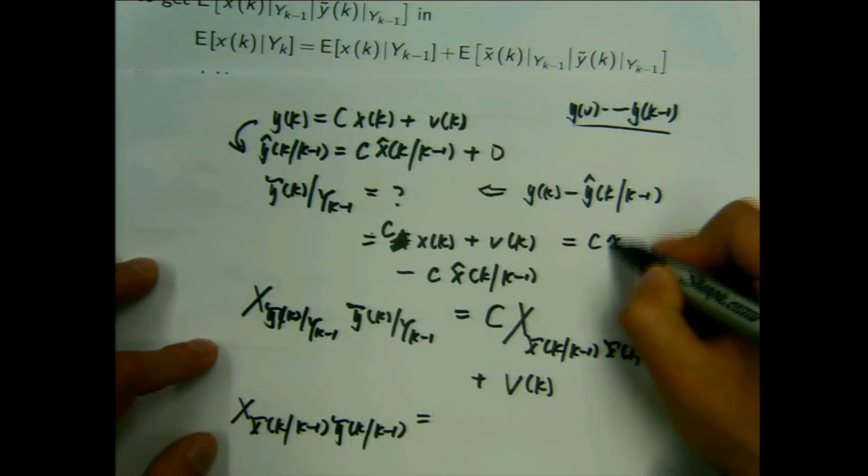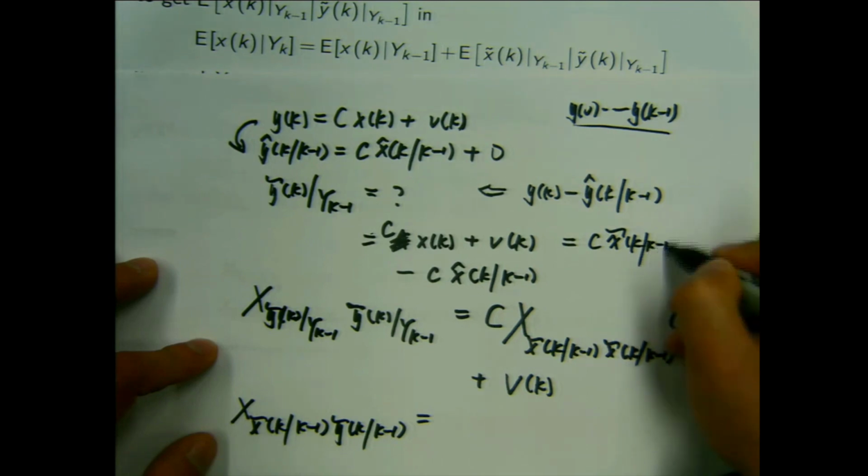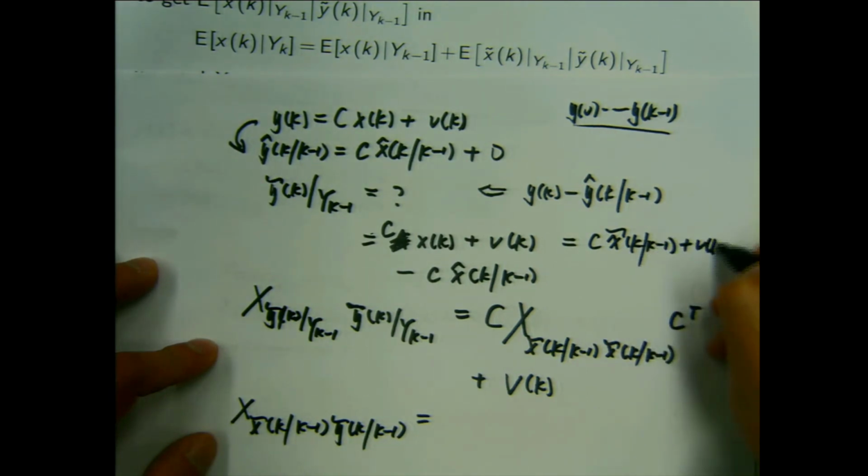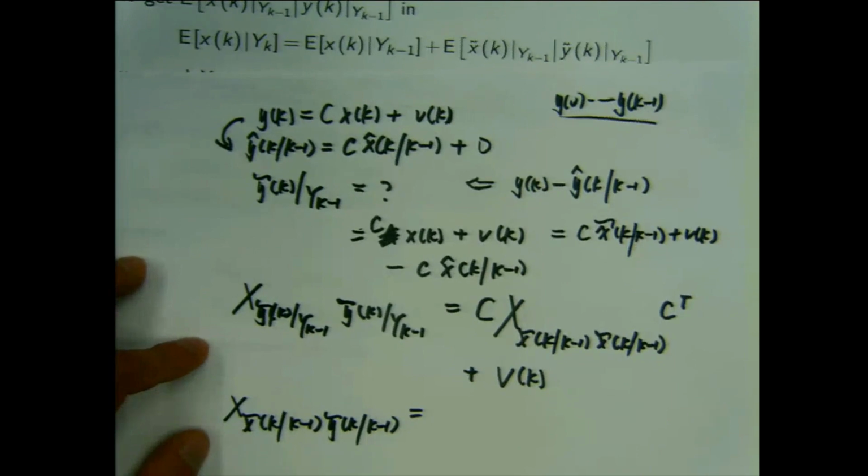It's going to be C x tilde k minus 1 plus vk. It's very close, but think about it more. It's almost the answer. Anyone has another guess?